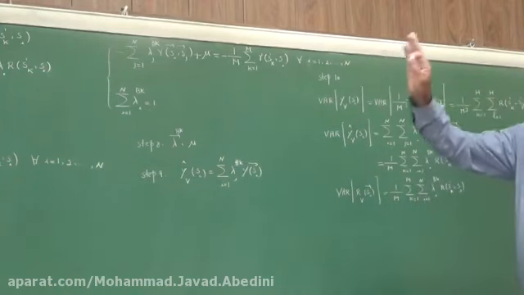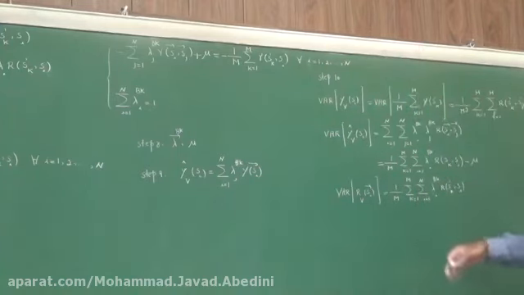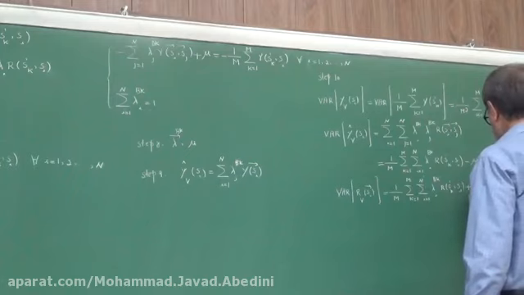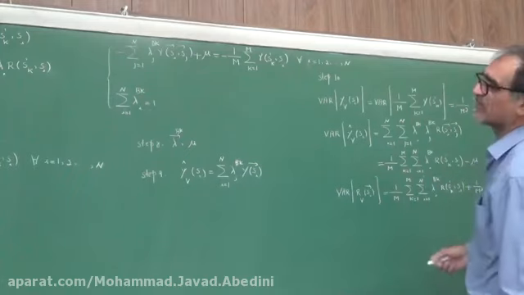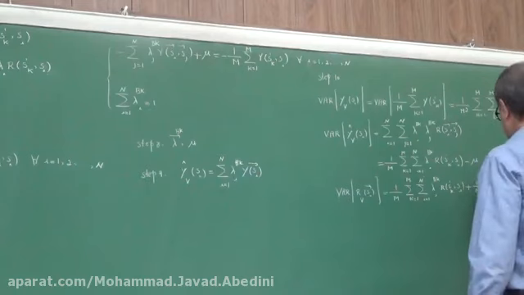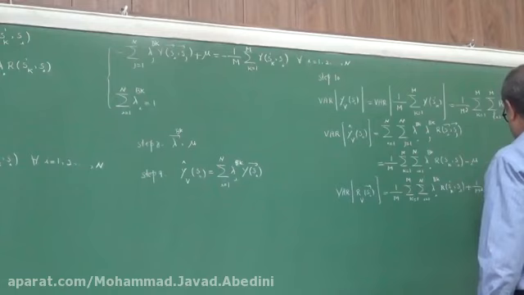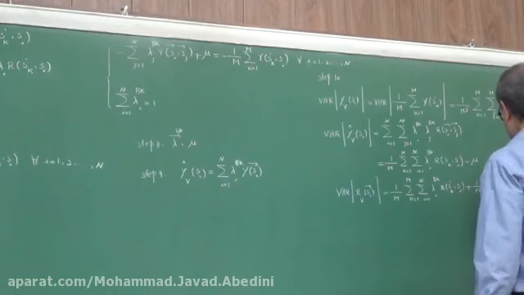This is how to replace this double summation with this one, and then plus 1 over m square, double summation i from 1 to m, summation L from 1 to m, R sub S prime K, S prime L.